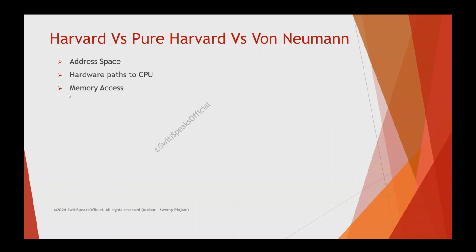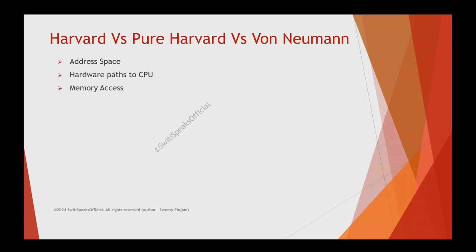The third distinguishing feature is memory access. How are you going to access the memory? If you remember, in case of von Neumann architecture, we had the same memory for instruction and data.